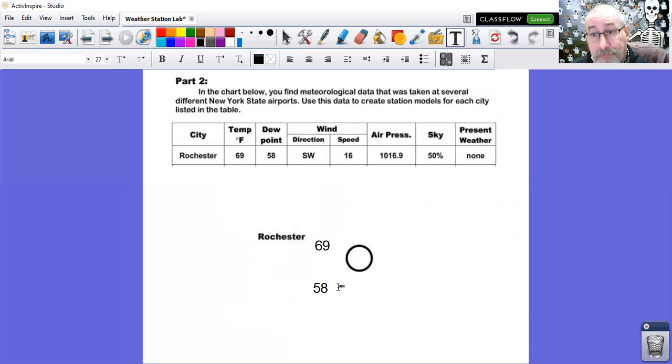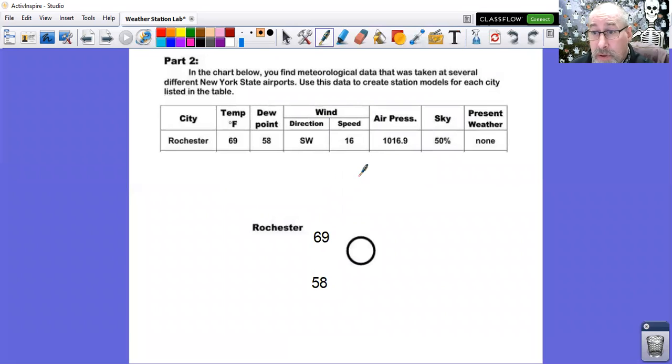Boom. Direction, southwest. Remember, this is where it's coming from. So never eat sour watermelon. So southwest would be there. So I have a southwesterly wind.